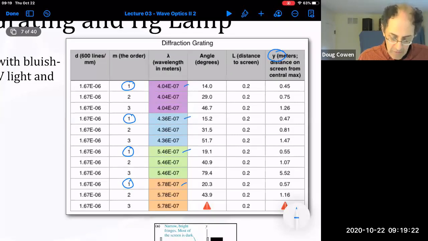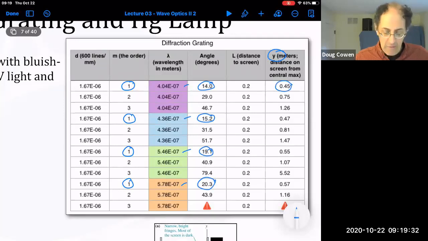And the angles are pretty close together, but certainly not identical. At the screen far away, well, far is just 20 centimeters, not all that far away, but you see that these bands are separated by a couple centimeters.